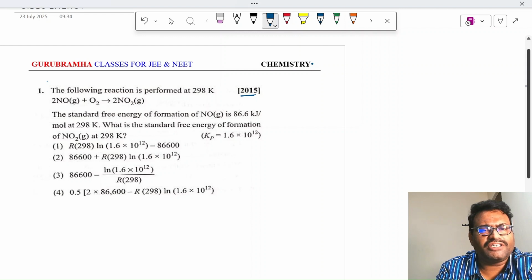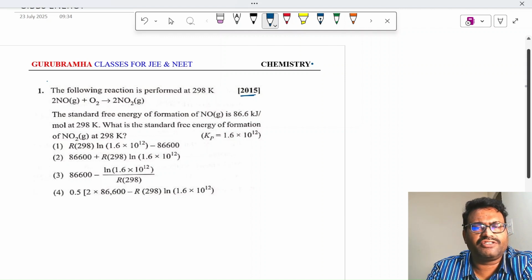The following reaction is performed at 298 Kelvin. So what is that reaction? The reaction given is 2NO plus O2 gives rise to 2NO2. All these three are gases.